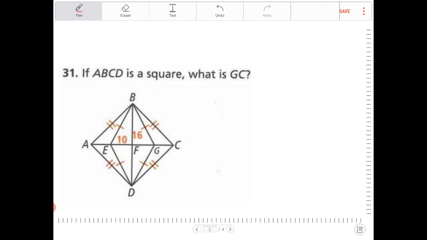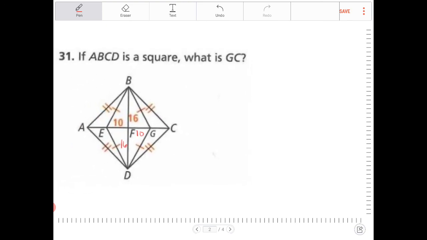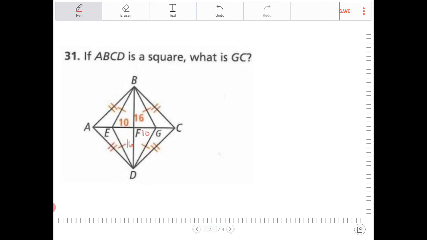So therefore, this side here is 10, and this side here is 16. If that's 16, then that means FC is equal to 16. And if FG is equal to 10, then that means GC is equal to 6.